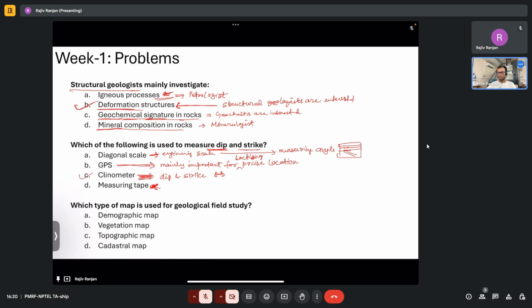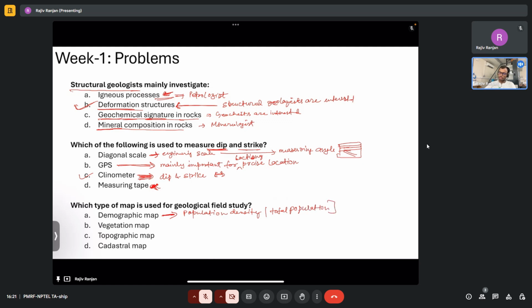If you have any doubts, please raise your hand. Which type of map is used for geological field study? Demographic map, vegetation map, topographic map, or cadastral map? We know a demographic map is a map about populations, maybe density, total population.